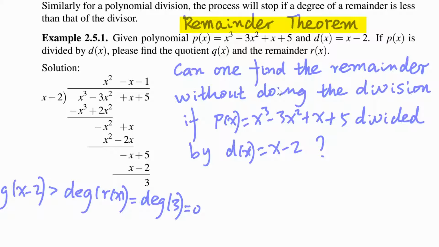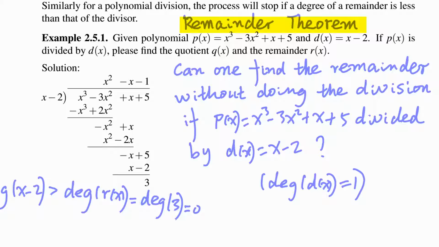But you know, the remainder theorem tells us that if the divisor d of x equals x minus 2, then the degree of d of x is 1 in this situation.